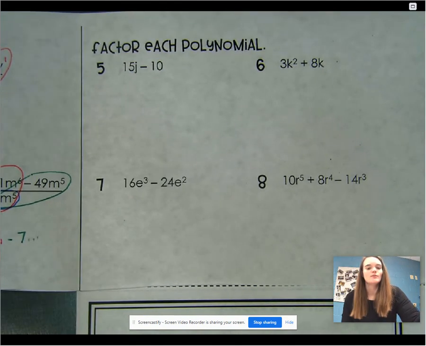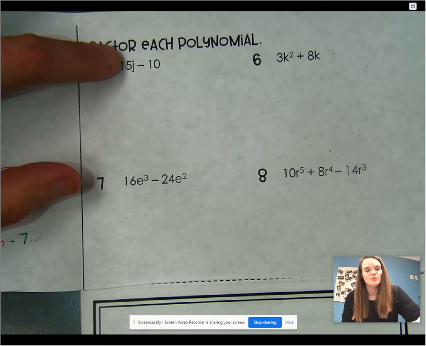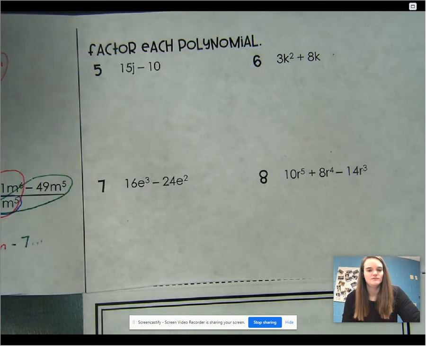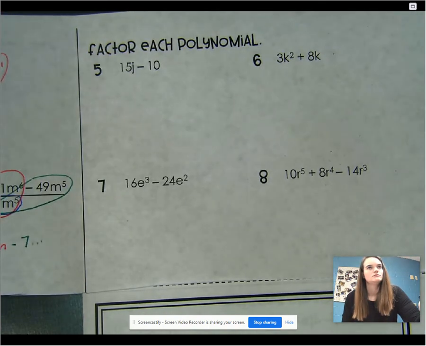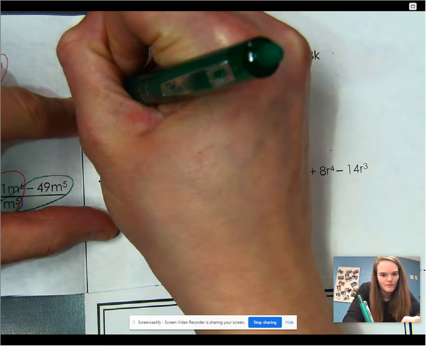Okay. So we need to find a number that will divide into both 15 and 10. The number 5 will go into both 15 and 10. So we're going to write that down, 5.